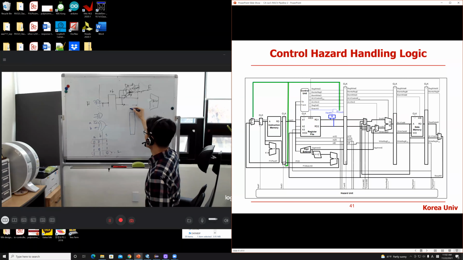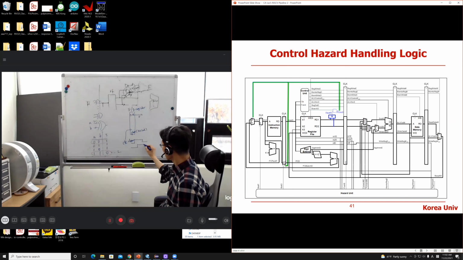It has a clear input, a reset input. Clear means you want to clear this output to 0, if the clear signal is asserted.